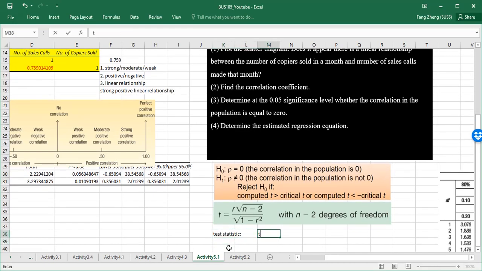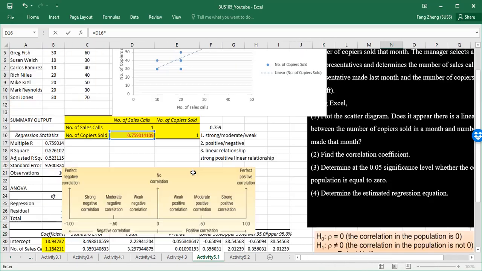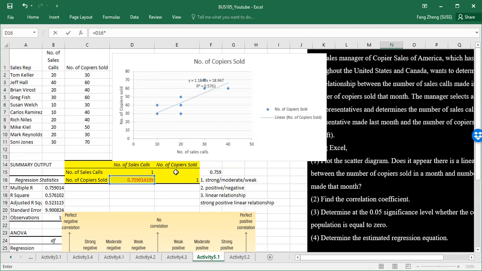You can calculate t equals r, where r is the sample correlation coefficient, 0.759, times the square root of n minus 2. The sample size in this question is 10, as you can see in the data.